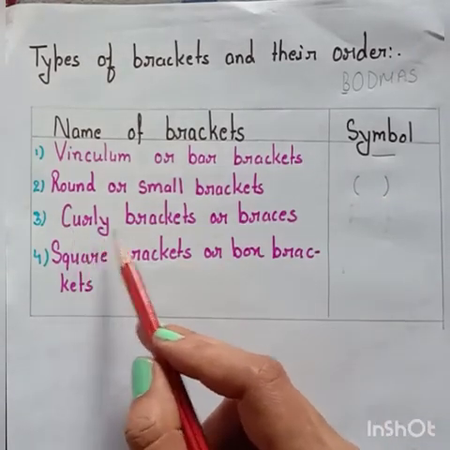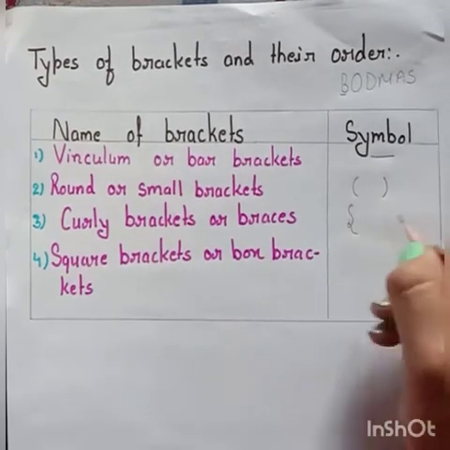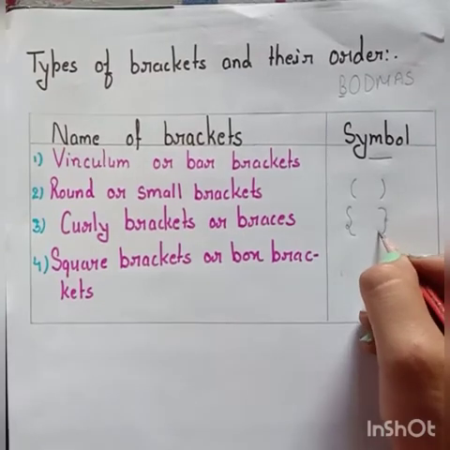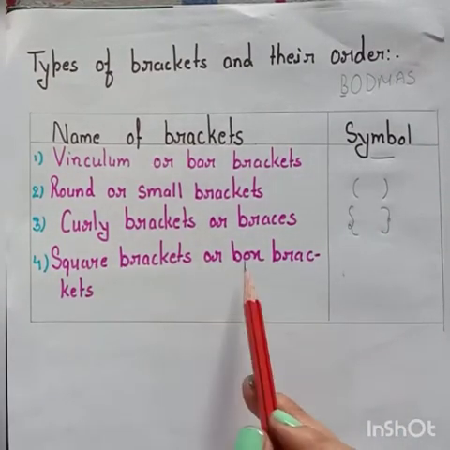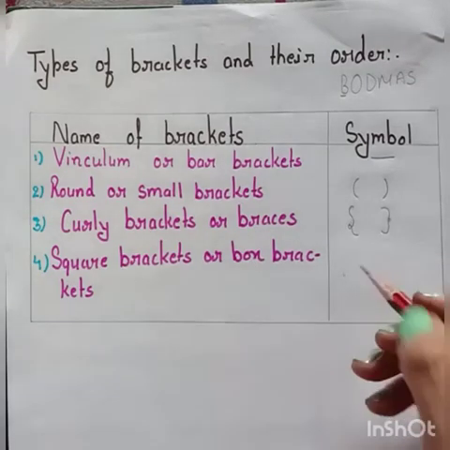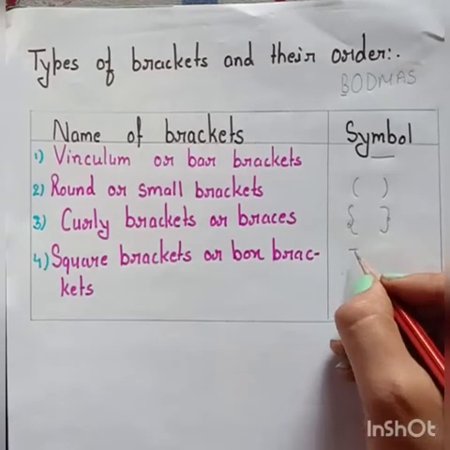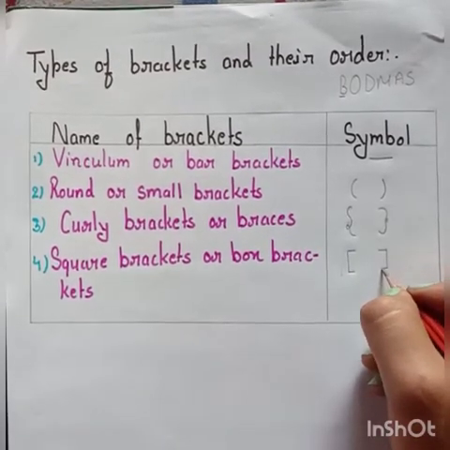Third is the curly bracket or braces. You will make it like this. This is the symbol of the curly bracket. And the last is the square bracket or box bracket, or we say it is a big bracket. Its symbol is like this. Clear?